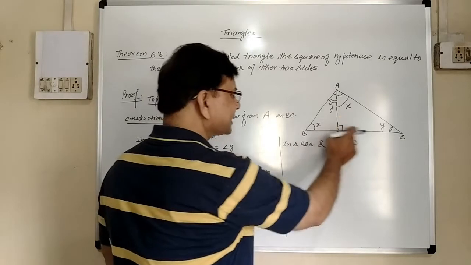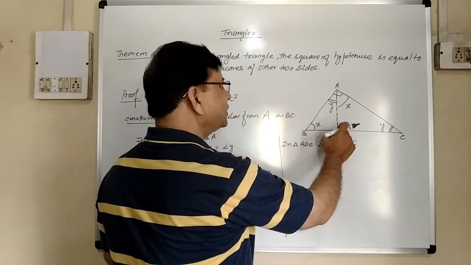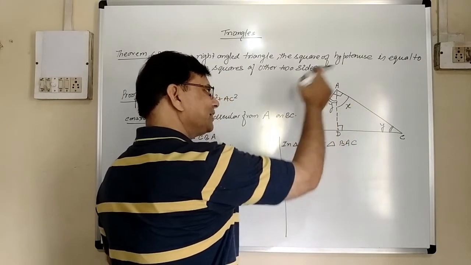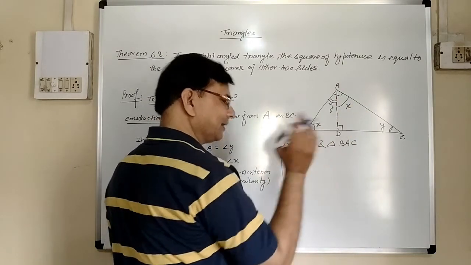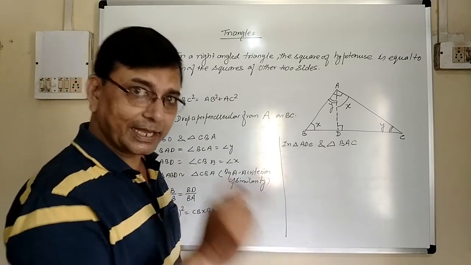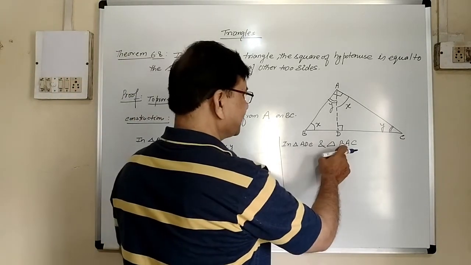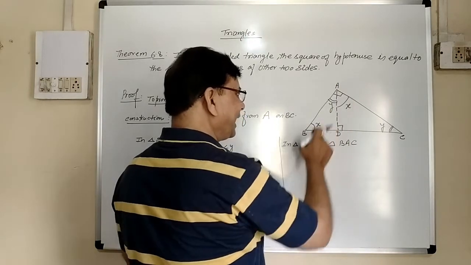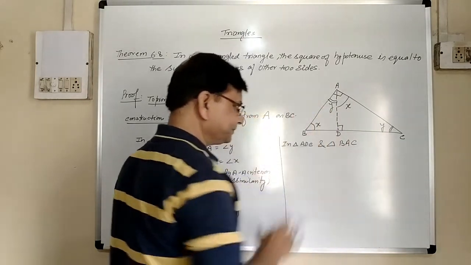A of this triangle corresponds to B of the big triangle. Previously, I have already told all those things. I am repeating, remember this. D is 90 degrees, it corresponds to A. And C is common in both.